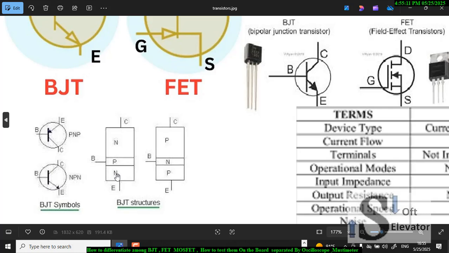Okay, and the other way here, if the red probe is here and the black one here, there will also be a small resistance, but it will be greater than this one, but it's still small.